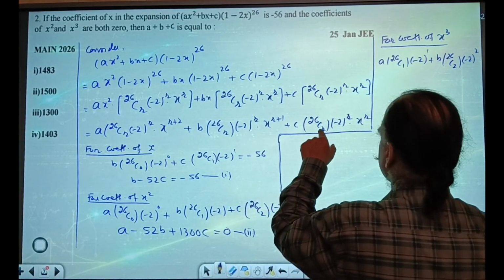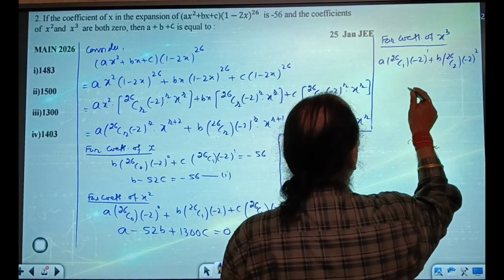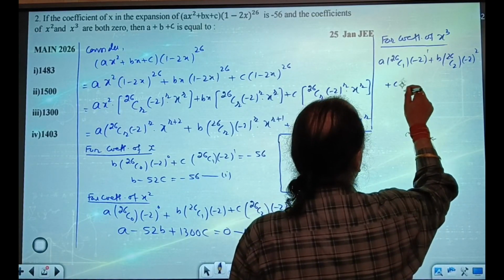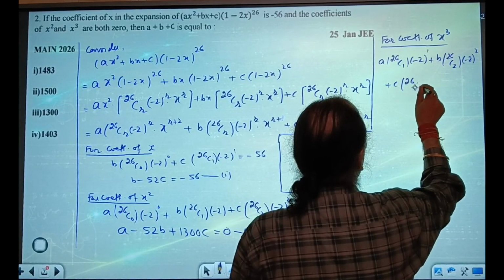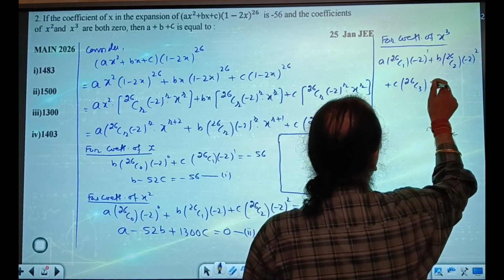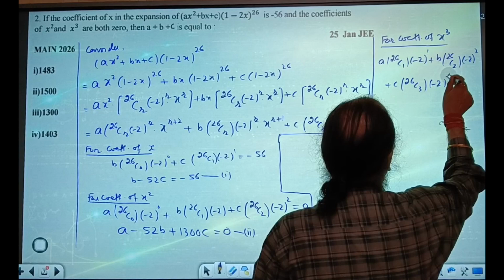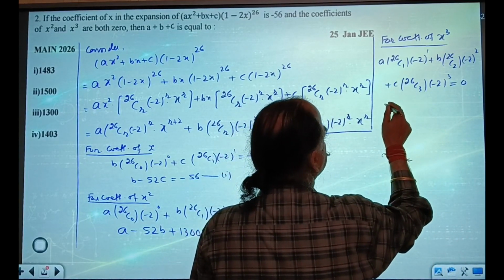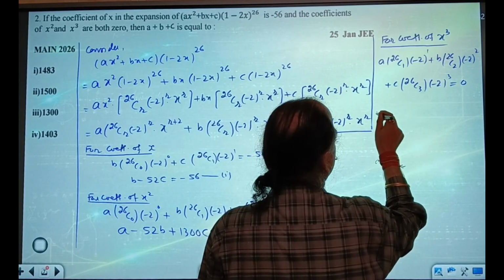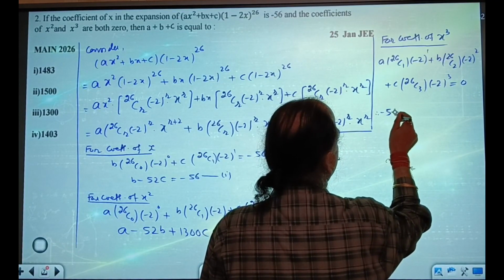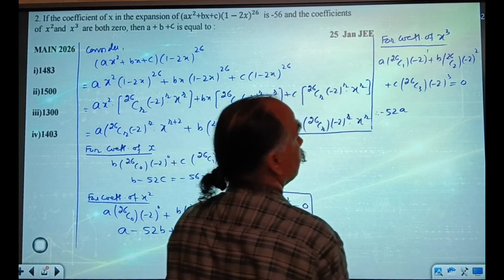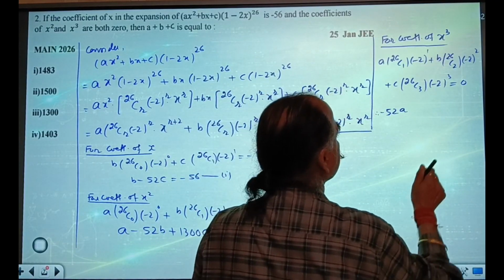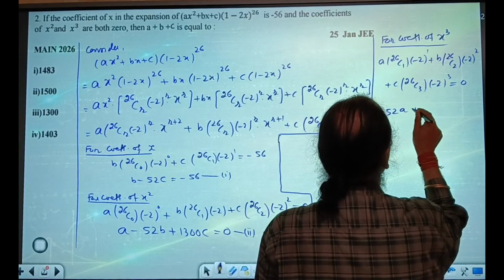And here we put R equal to 3, so plus C into 26C3 (−2)³, and this coefficient is 0. It will give you −52A plus 1,300B, since 26C2 into (−2)² we got just now as 1,300.